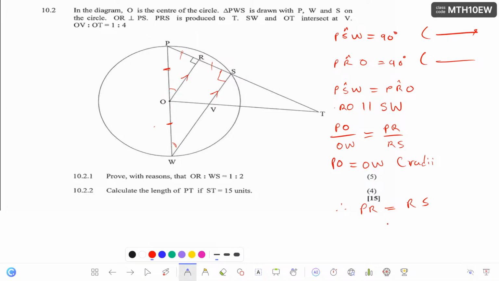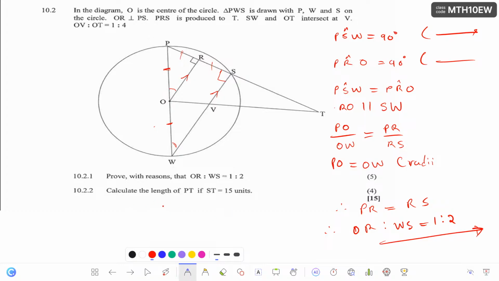So now we can conclude that yes, indeed, OR and WS are in the ratio 1 to 2. Now you have all the reasons to conclude that they are 1 to 2.